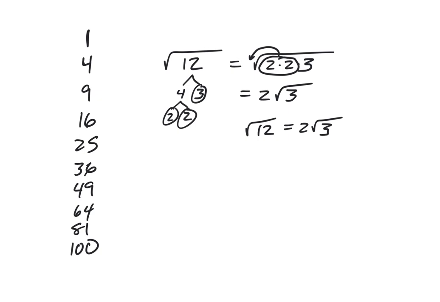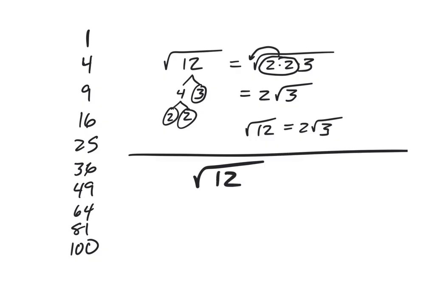Another way that I like to do this, and I'm going to do the same problem. I'm going to find a perfect square that goes into 12. And I'll show you why I like this method a little bit better. 4 times 3.